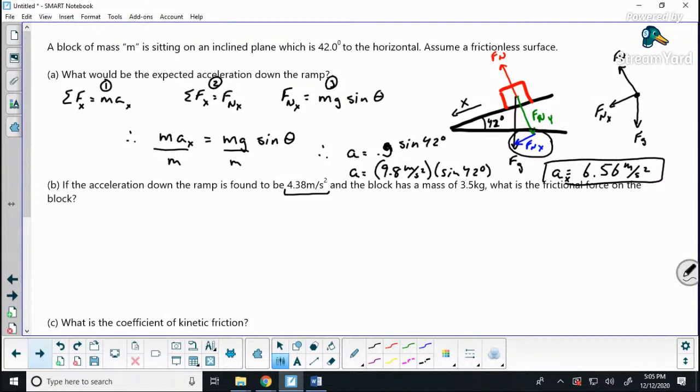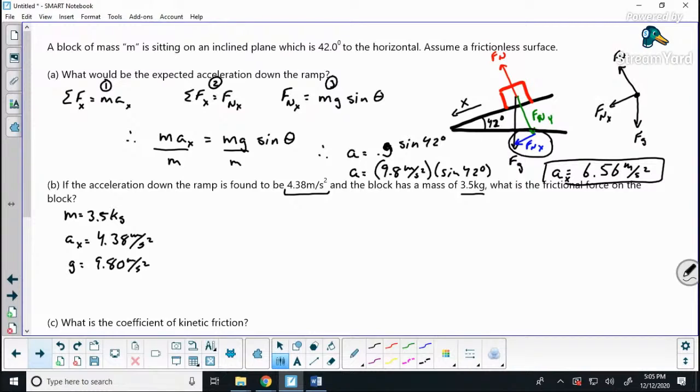So now I need the mass of the block. Let's take a look at what all we've got. Mass is 3.5 kilograms. We know the actual acceleration along that x-axis is 4.38 meters per second squared. And we know that gravity is still 9.80 meters per second squared.